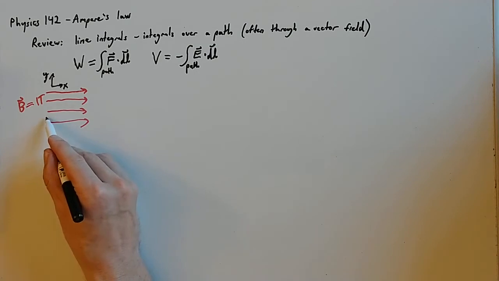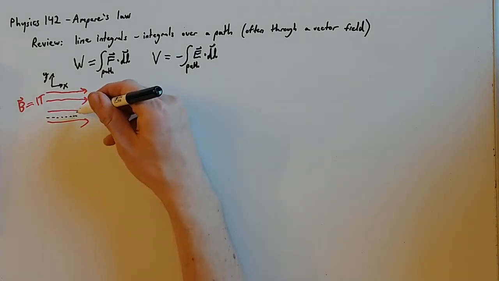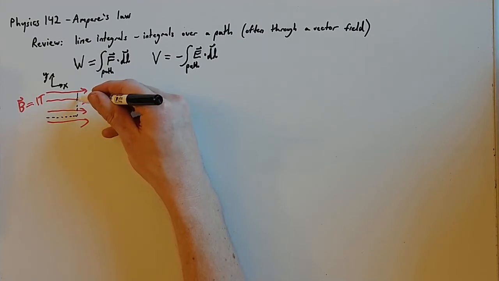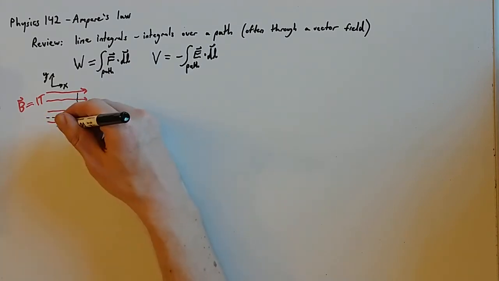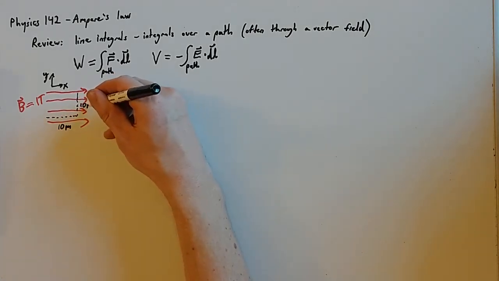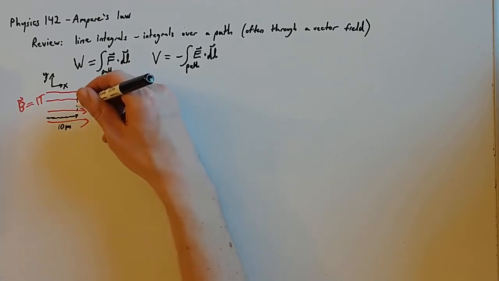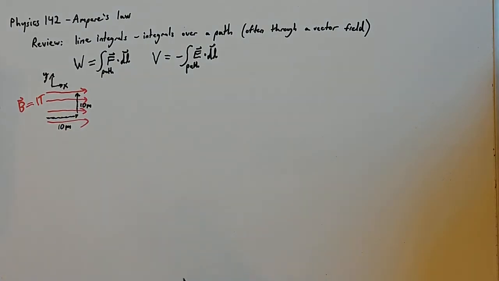So we'll walk sort of along it, and then maybe I turn and walk perpendicular to it a little bit. Let's say I walked 10 meters this way and 10 meters this way. So first I'll walk 10 meters this way, and then I'll walk 10 more meters in positive y there.